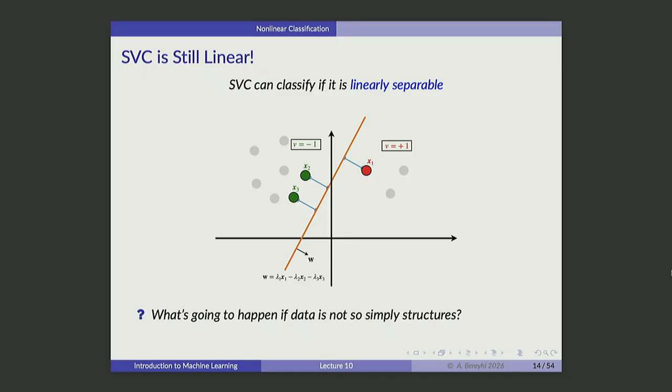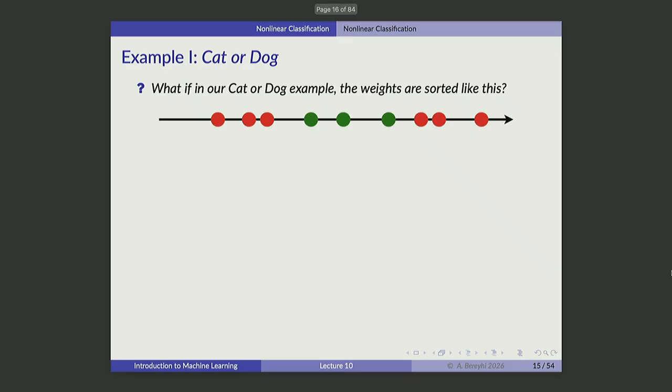So I told you last time that the support vector classifier is linear. So at the end of the day, you're just drawing a line. And this is going to work only when your data is linearly separable, right? But what if your data is not linearly separable? Let's get into one example that we had before. We had this particular example last time, remember.